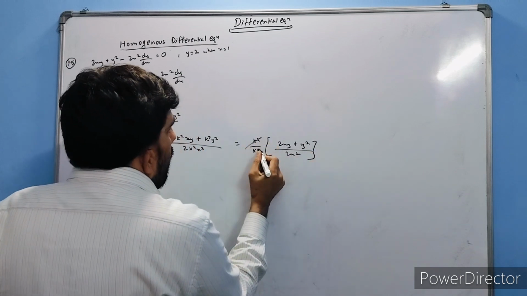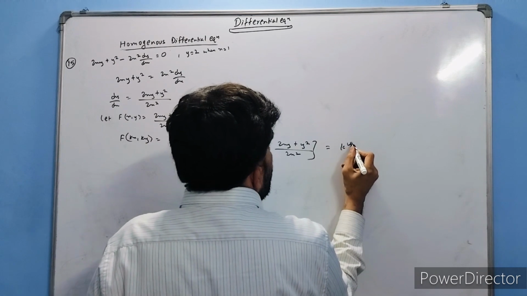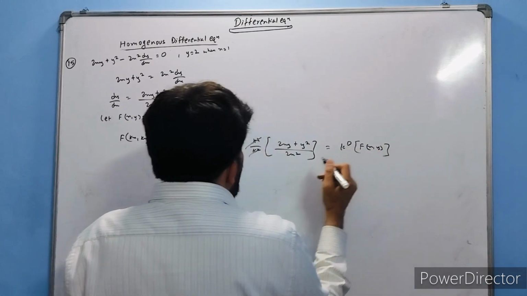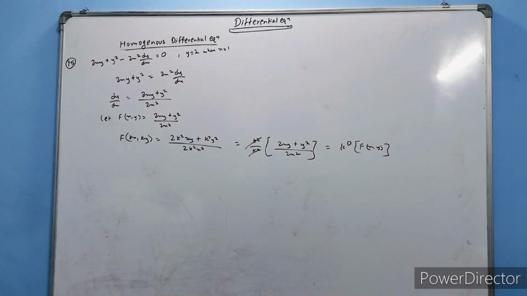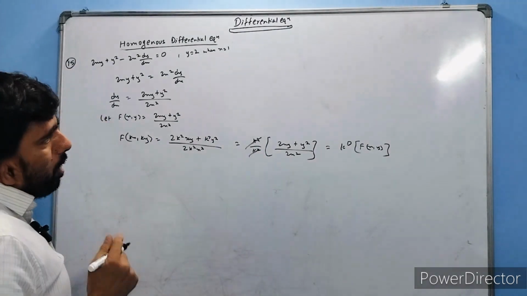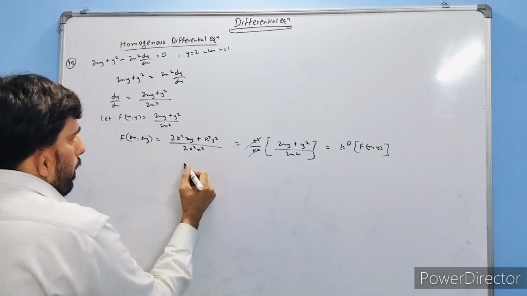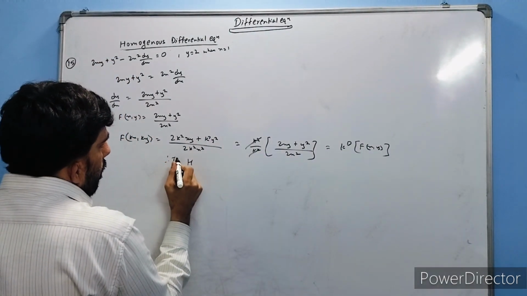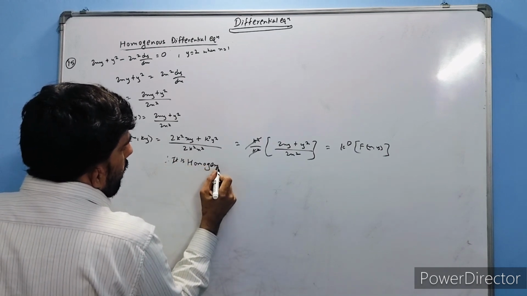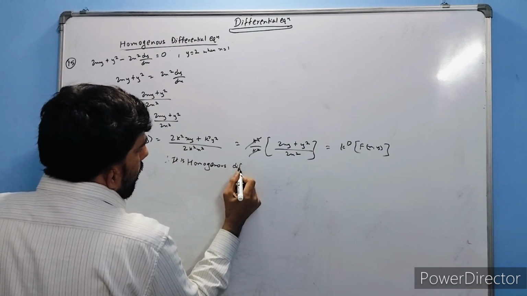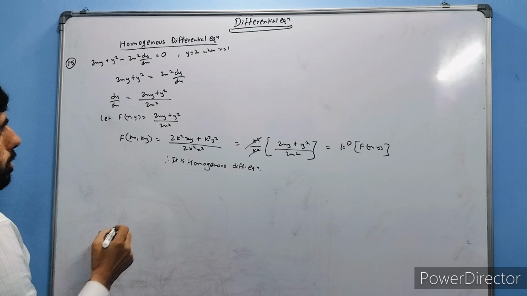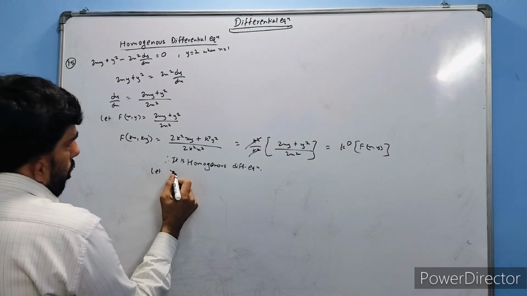So I can say this is k to the power 0 f of xy. So we know that they have the same degree of the coefficient of dx and dy. So we can say that the given differential equation is homogeneous. Therefore, it is a homogeneous differential equation.